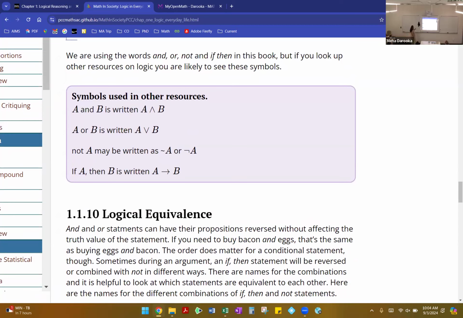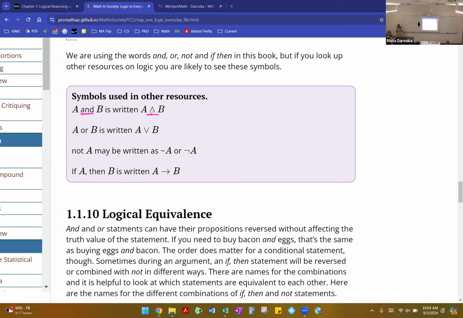So some symbols here, when we're using the connector and, you actually use what we call the caret symbol. So it kind of looks like an A, right, without the horizontal line in between. So that's the easiest way to know.